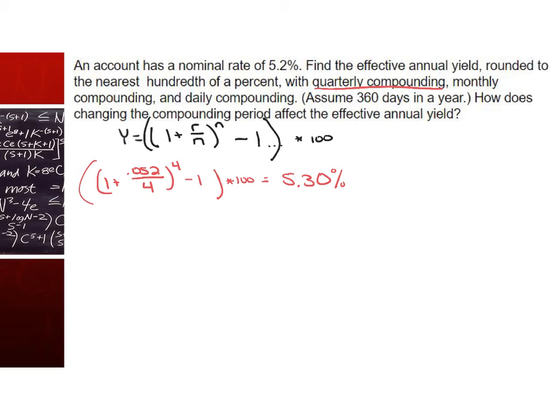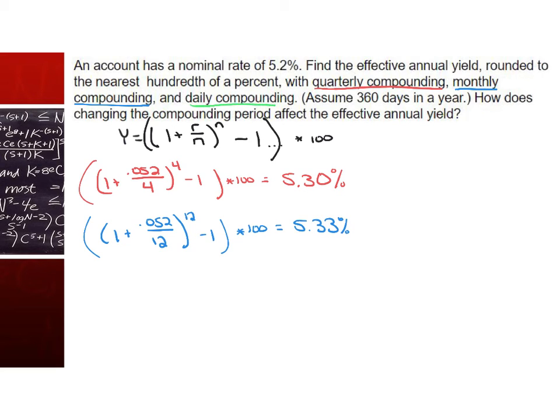Then we do the problem again, compounding monthly. So that's 1 plus 0.052 over 12 to the 12th power minus 1, and take your answer times 100. That one works out to be 5.325, so 5.33 if we're rounding it.